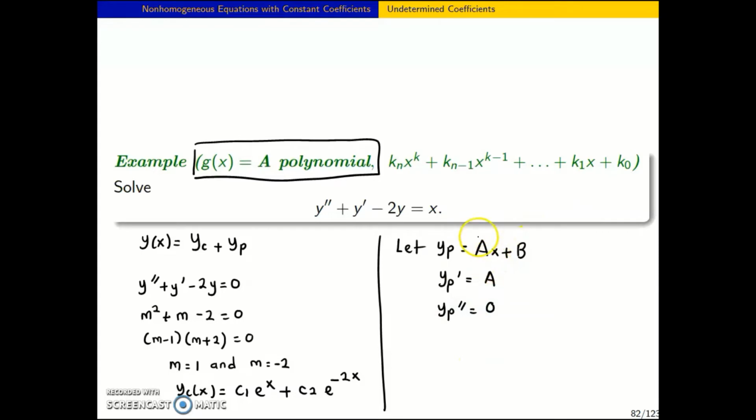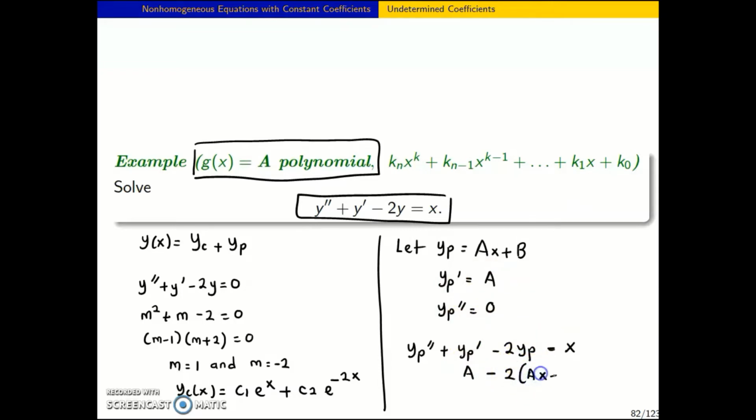Now put this into this equation. We change this to yp double prime plus yp prime minus 2yp equals x. So this is 0, yp prime is a, minus 2, yp is ax plus b, equals x.